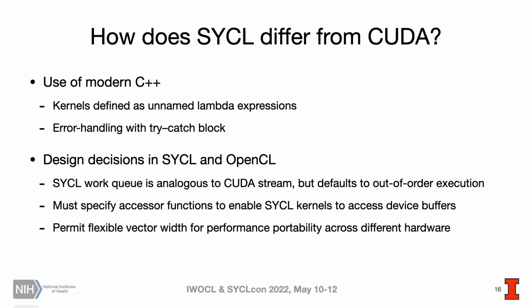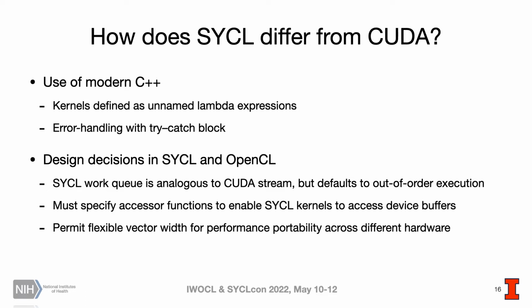Although SYCL and CUDA target similar hardware, they have some differences in perspective. Some of the differences are due to SYCL's use of modern C++, in which kernels are defined as unnamed lambda expressions and error handling is done with try-catch blocks. Other differences arise as design decisions in SYCL and OpenCL.